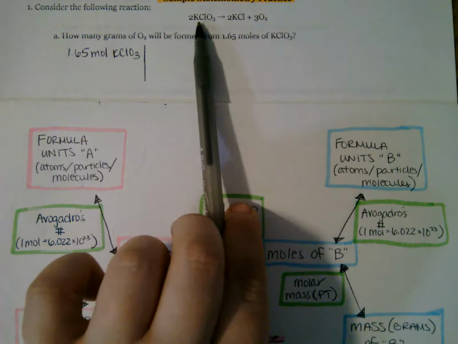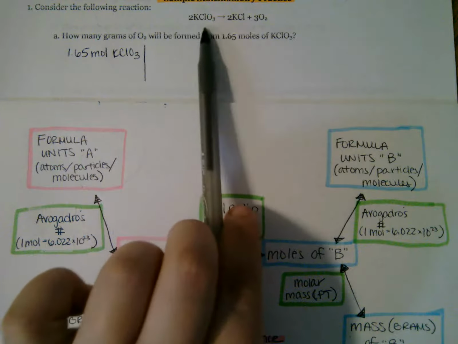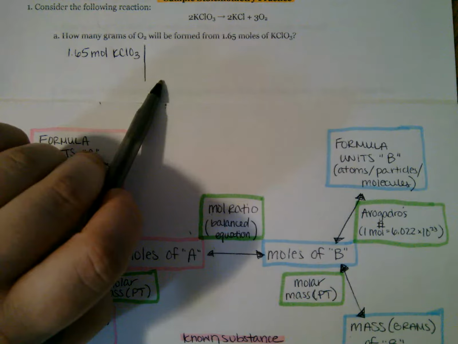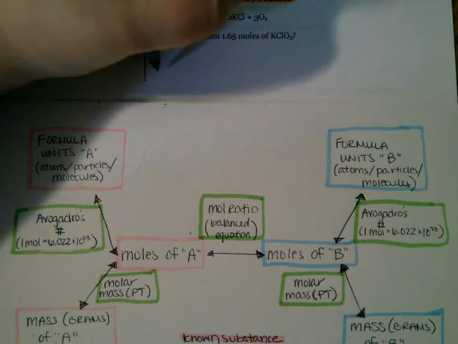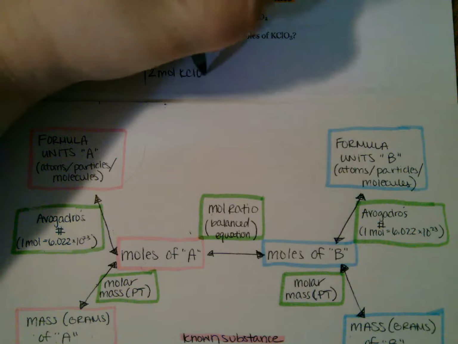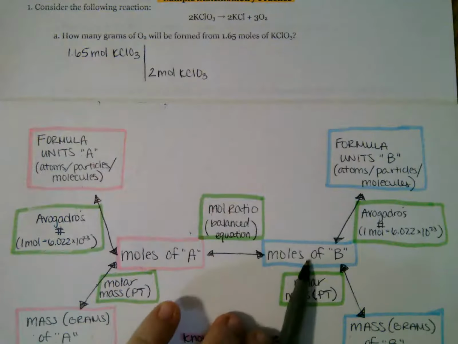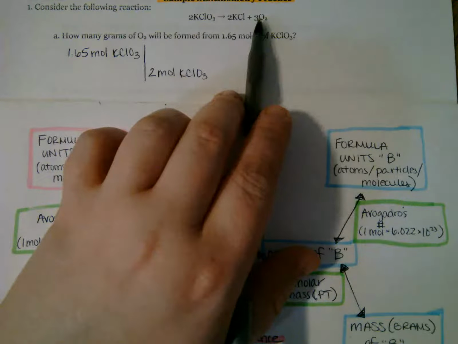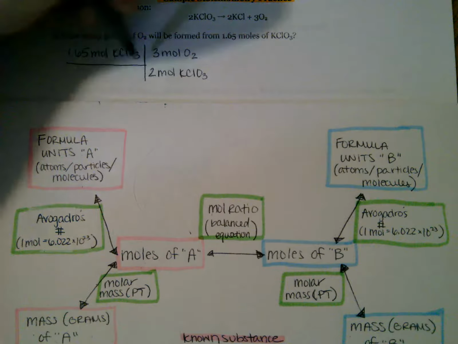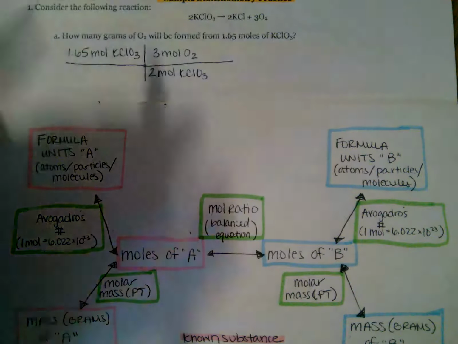For every 2 moles of this that we put in, I'm going to put moles of potassium chlorate on the bottom here, because I want that to cancel out. And I'm trying to get to moles of oxygen, so that needs to go on the top. We make 3 moles of oxygen.